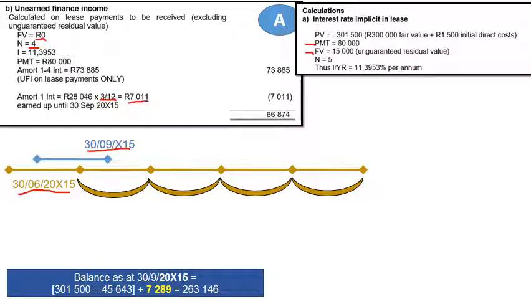Now note that this amount is going to be different from the amount that we calculated using the amortization table. And the reason for that is because the amortization table included the unguaranteed residual value, whereas the calculation that we are now doing, just only looking at the lease payments, will have a future value of 0.